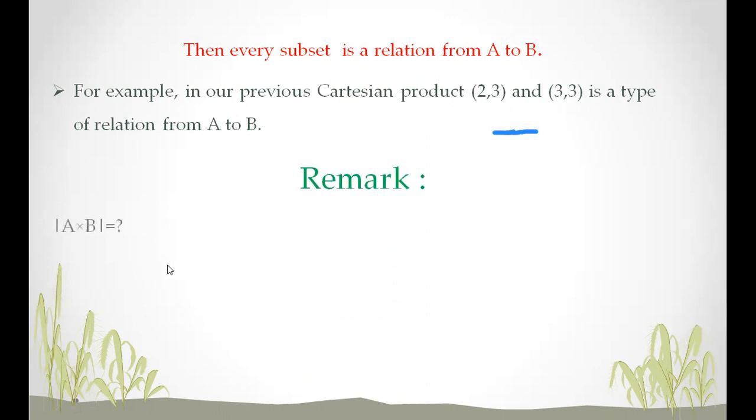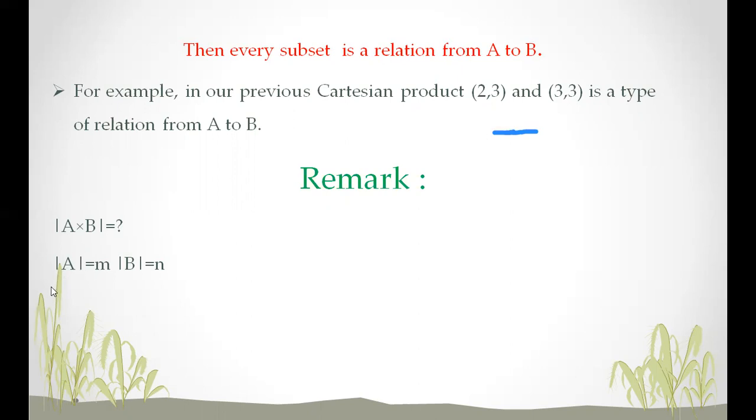Now we see some important remarks. How do we know the number of subsets of a set? Similarly, here we want to know the number of elements in a Cartesian product. We know by this formula: if set A has exactly m elements and set B has exactly n elements, the number of elements in A is also called the order of A. So the order of A is equal to m.